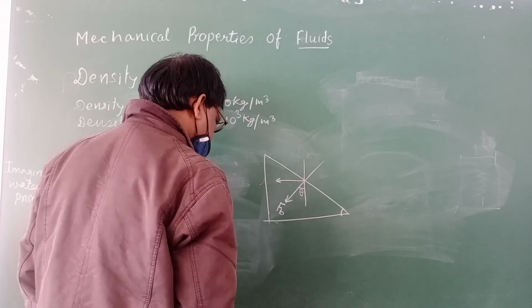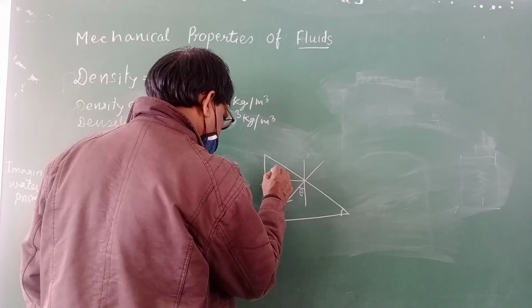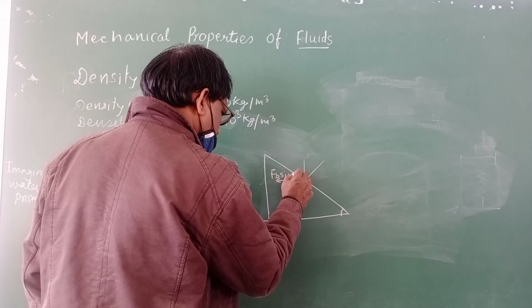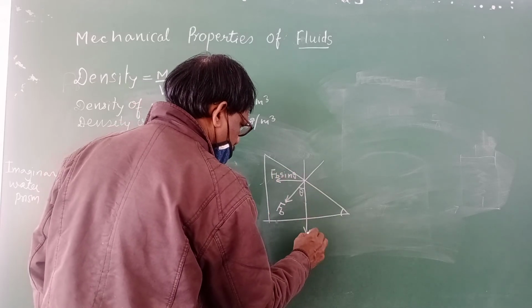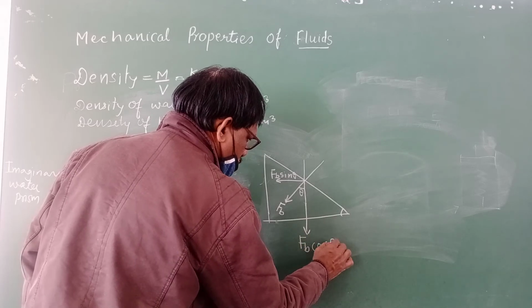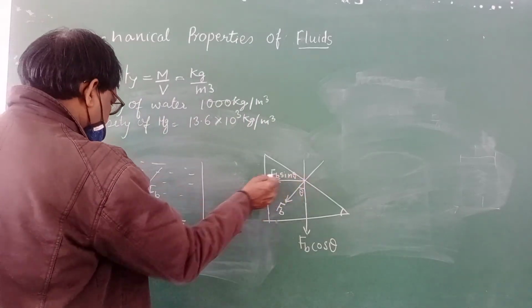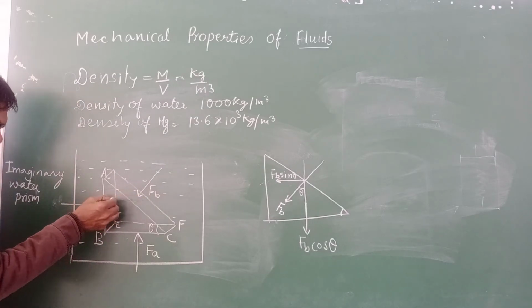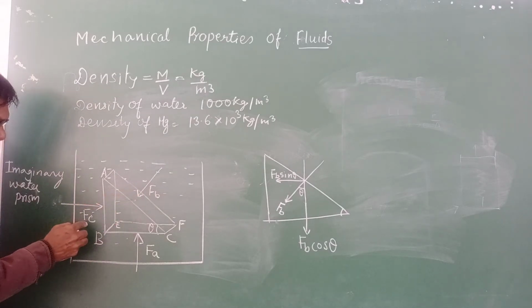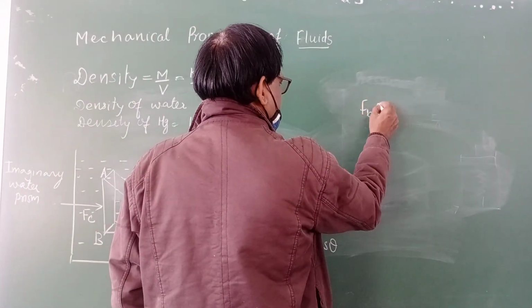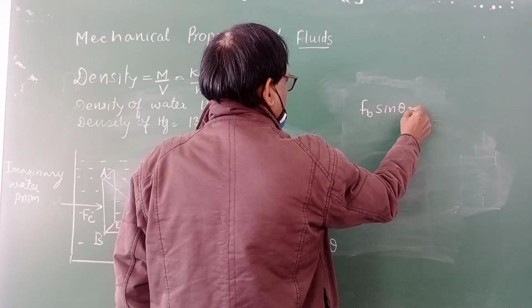It will be FB sin theta. And here we will have FB cos theta. This force FB sin theta will act this side, and it will be exactly balanced by FC. So we have one equation, FB sin theta is equal to FC.